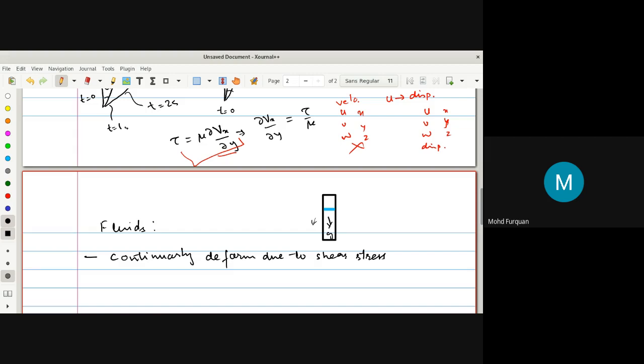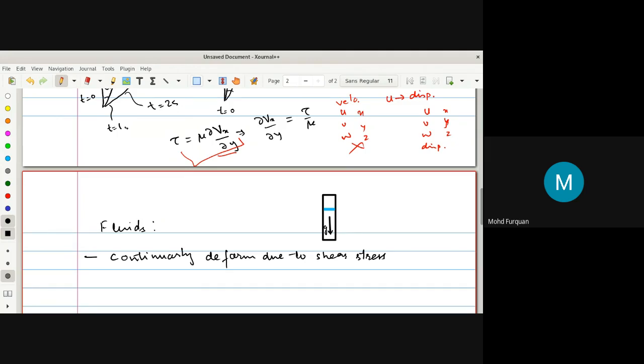So I am not tilting the bottle, I am just changing the direction of gravity, which has the same effect. Once you have that, there will be shear stress inside this bottle. Let me just tilt it for you so that you don't get confused. So you have gravity here.